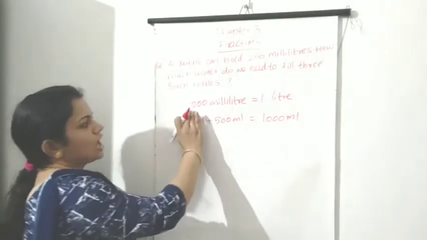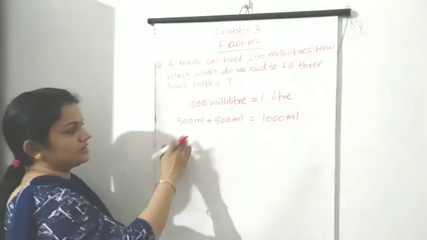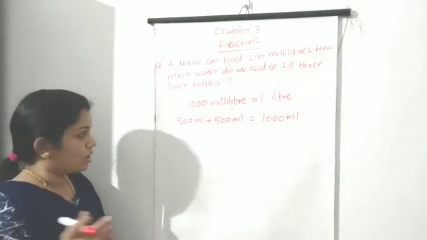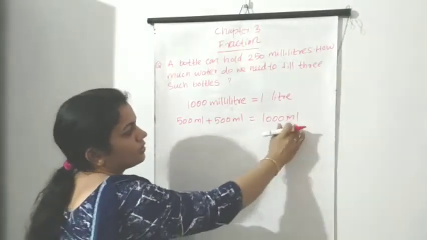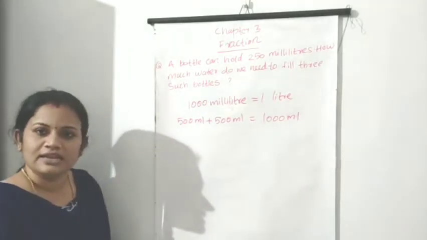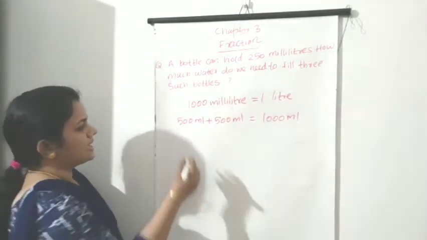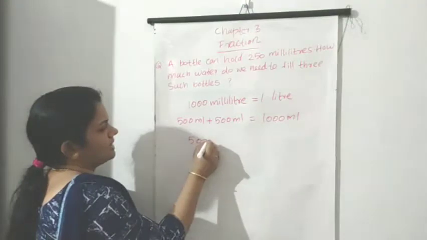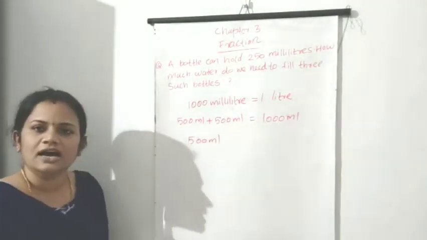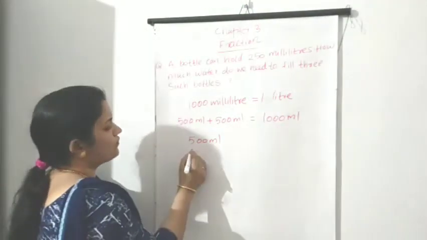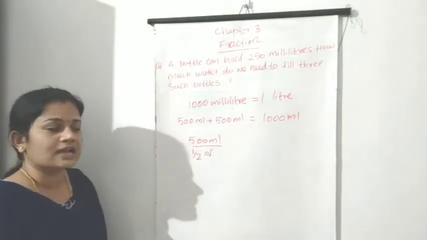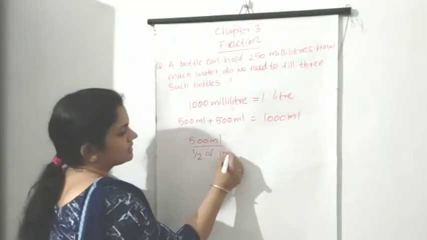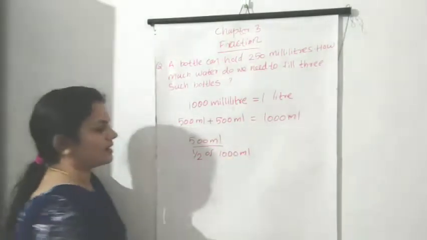Understood? So 1000 milliliter we can split in two 500s. We are taking the 500 milliliter. What is this? This is half of 1000 milliliter.